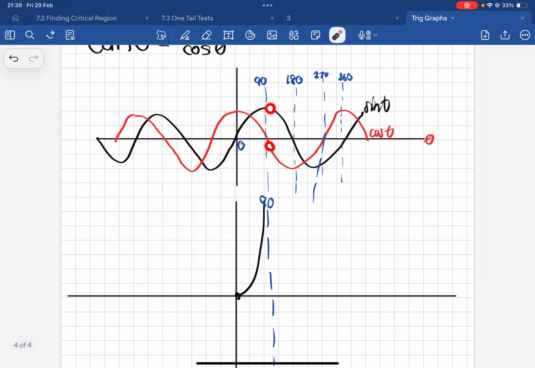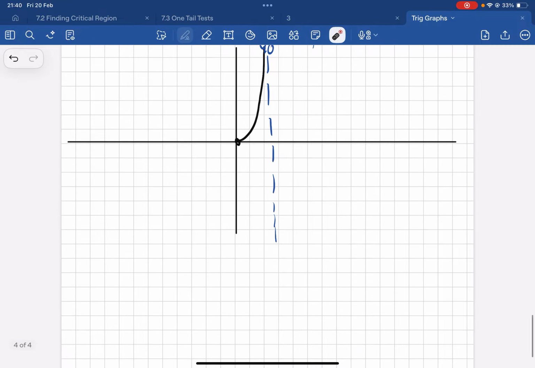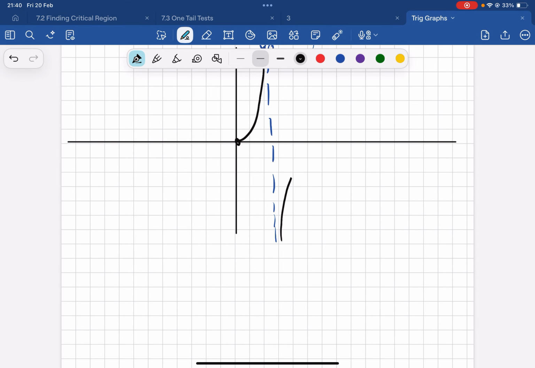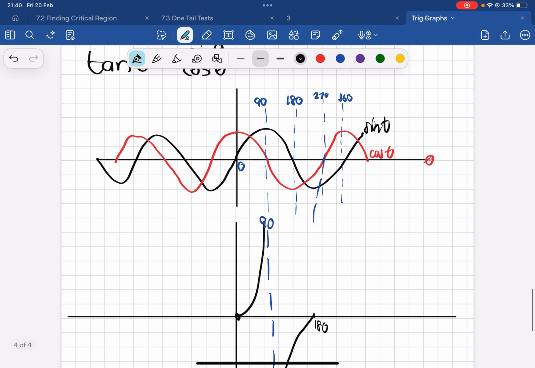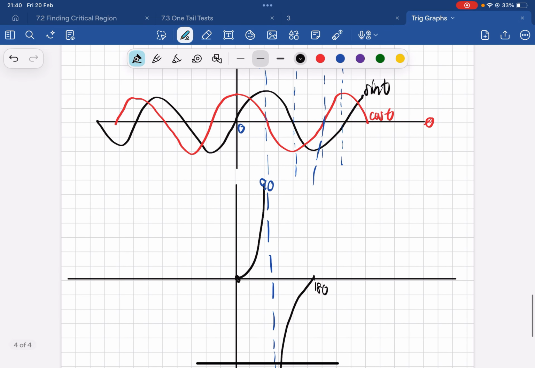We have roughly 1 here, and we have roughly negative 1 over negative 0.0001, sorry, 1 over a really small negative number. That minus makes it negative infinity, so we start at negative infinity and move towards 180 at 0. Why 0? Because sine 180 is 0, divided by anything will just give us 0, tan 180 is 0.